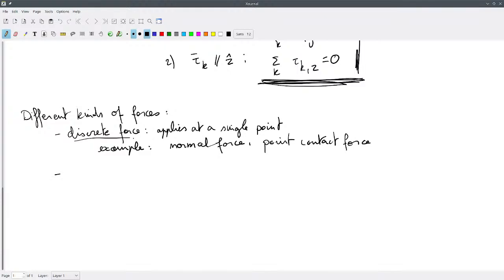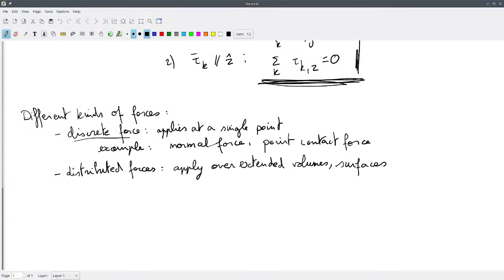So in contrast to the discrete forces, we have distributed forces. Those are forces that apply over extended objects, extended volumes, extended surfaces.